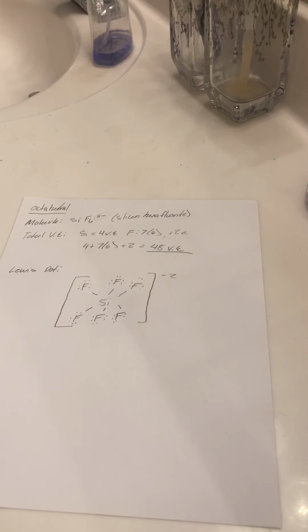And then for the electron domain geometry, we do have that octahedral. And then for the molecular geometry, it is still octahedral. So this has several options, but this one is going to be that octahedral. And I built this one. All right, so this one's probably the hardest one to build. It has the most components.